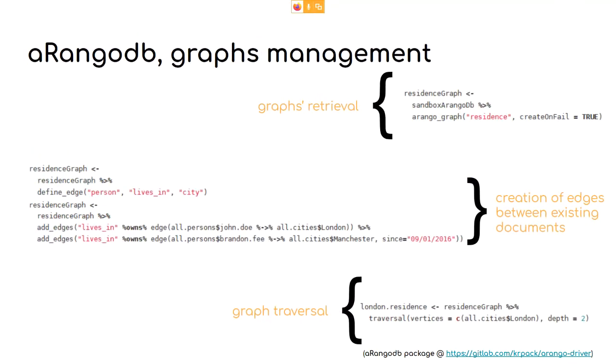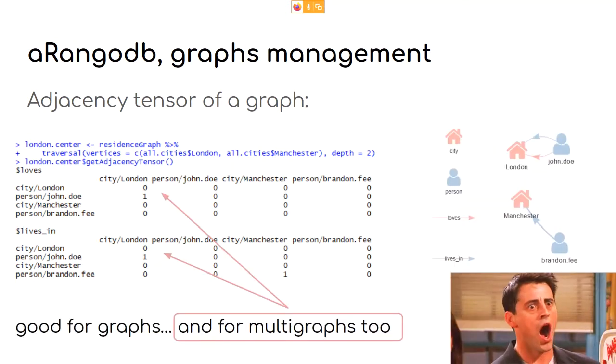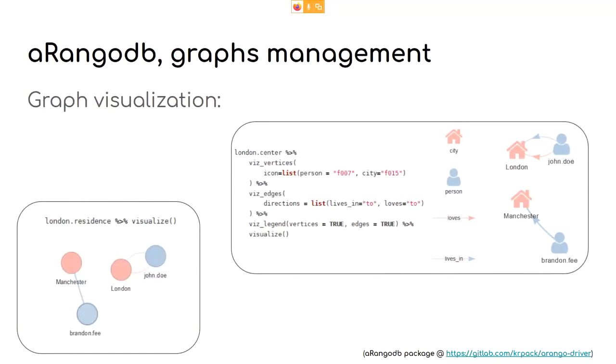Moreover, it is possible to retrieve or create graphs, add edges between documents and find subgraphs by the use of the traversal operator. In particular, the traversal operator returns the relationships between all the documents as a list of adjacency matrices, one per edge type, which allows us to represent multiple relationships between documents as well. Obviously, the package also provides visualization functionalities.